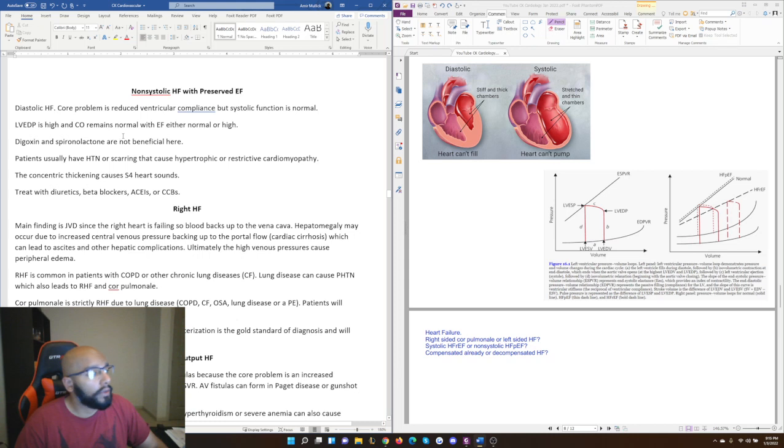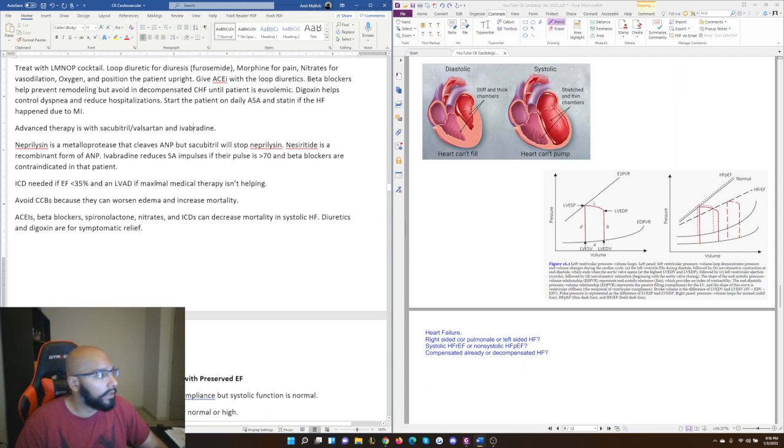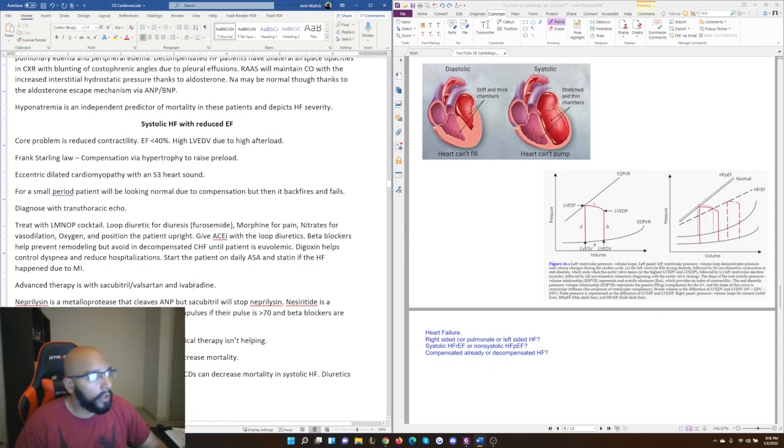Digoxin and spironolactone aren't really that beneficial here. Patients usually have hypertension or scarring that cause hypertrophic or restrictive cardiomyopathy. In this case scenario, you have concentric thickening, which causes S4 heart sounds. Okay, so the type of thickening is really critical, right? In the systolic one with the thin ventricles, you have your eccentric dilated cardiomyopathy.